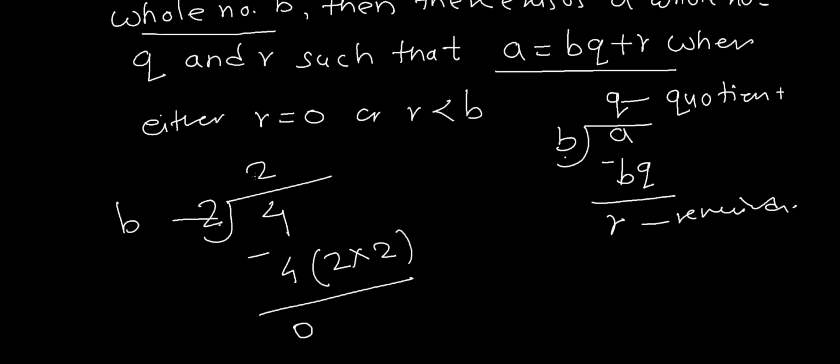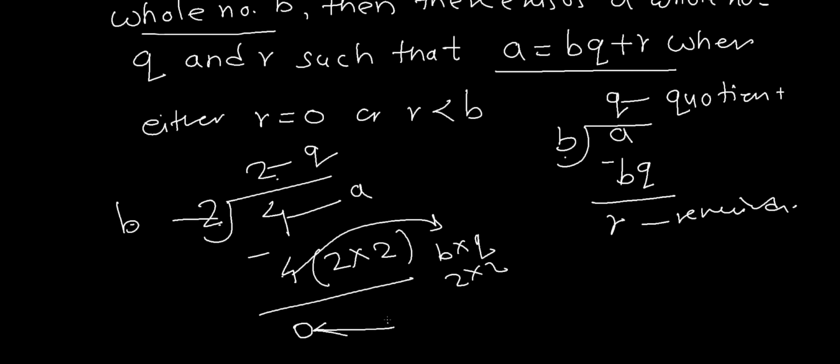So this is B, this is Q, this is A, and this 4 is B into Q, 2 into 2, 4, and this is the remainder of this division, subtraction, this is R.